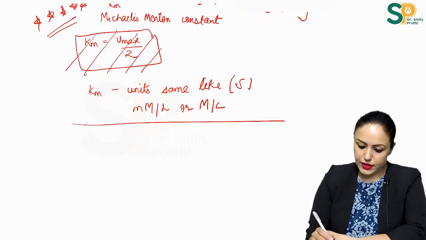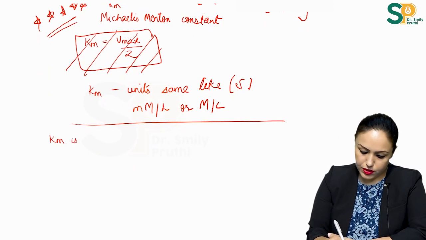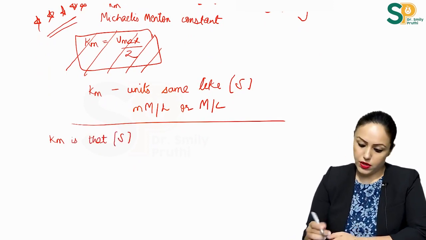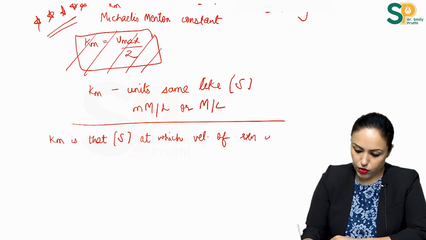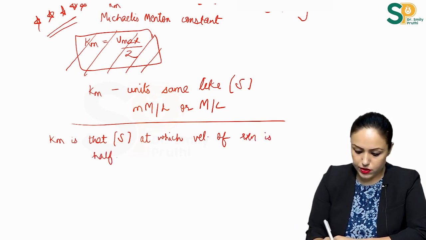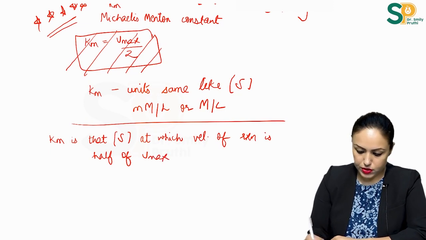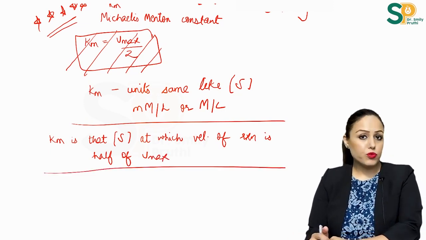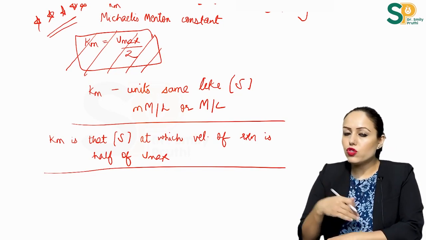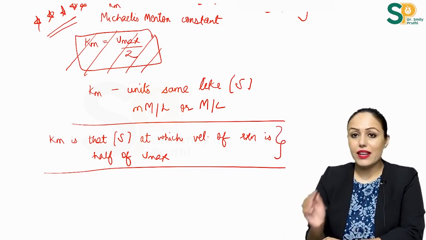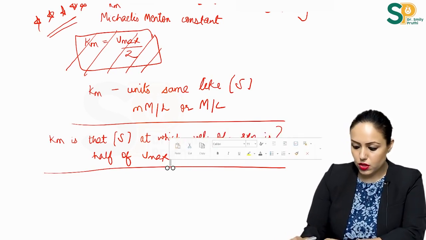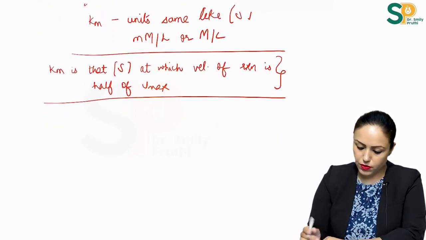So what exactly is Km? Km is that substrate concentration at which the velocity of reaction is half of Vmax. Learn this line nicely because usually students get confused.